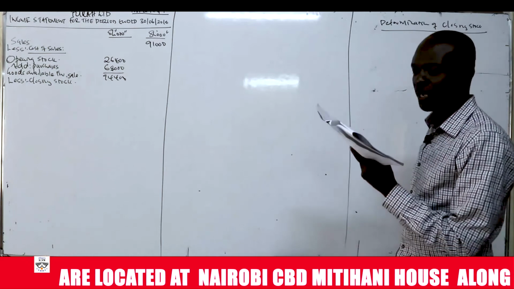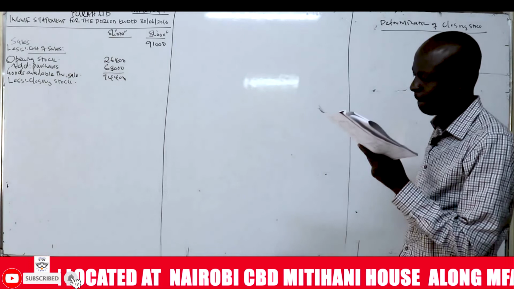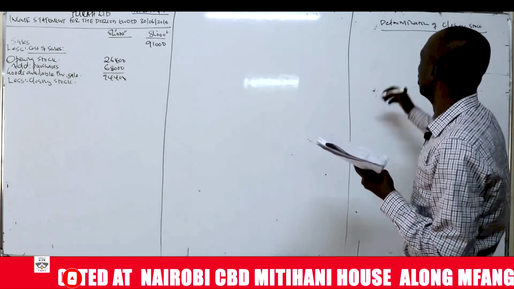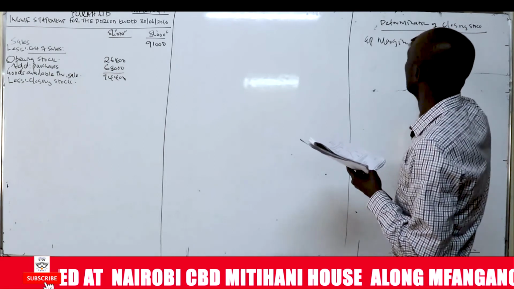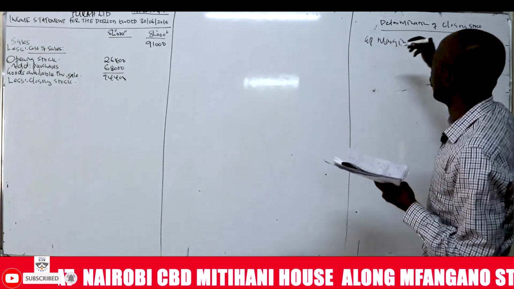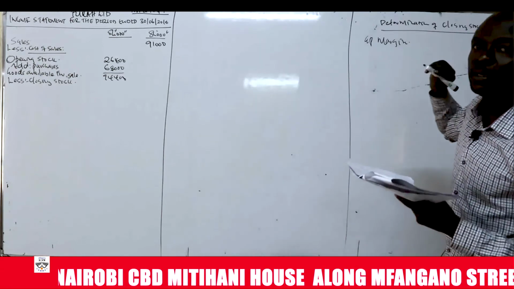So we've been given the gross profit margin, the normal GP margin. When you apply margin to sales, you get the gross profit, okay? Are we together?